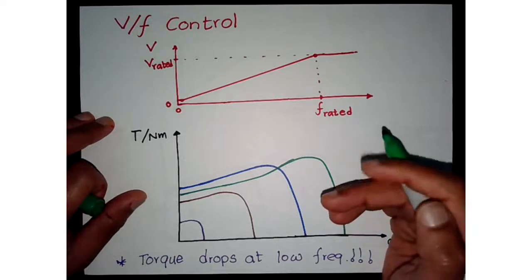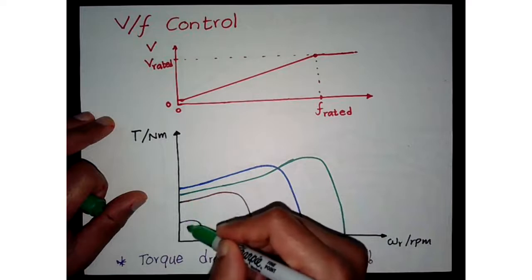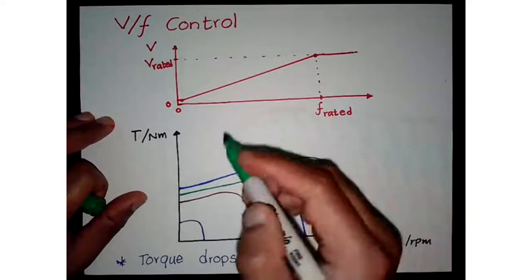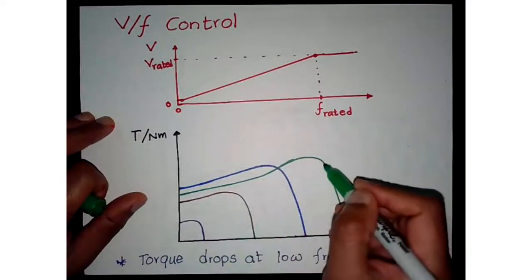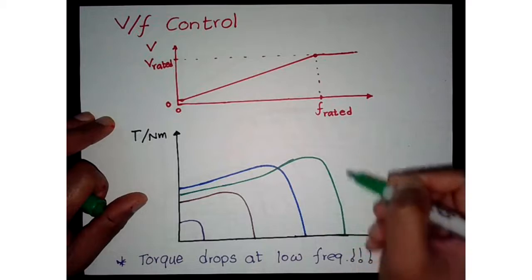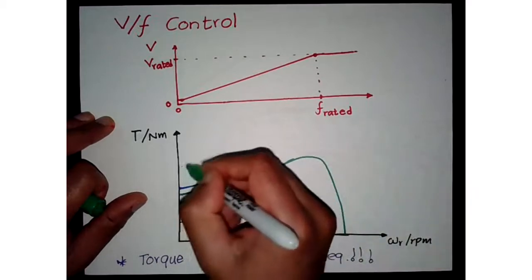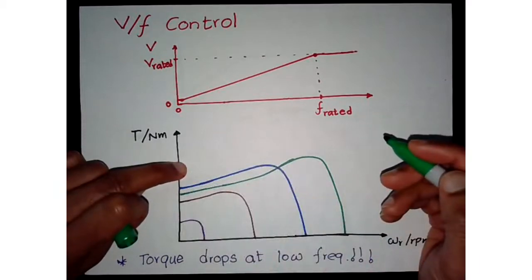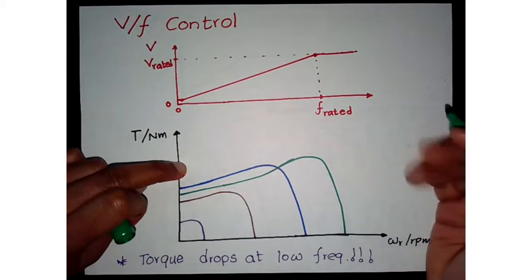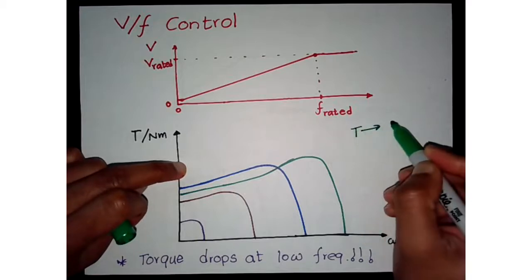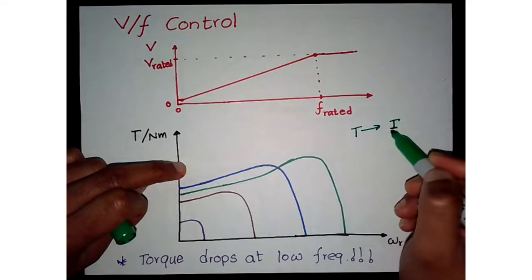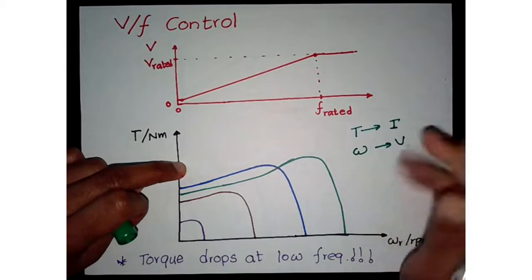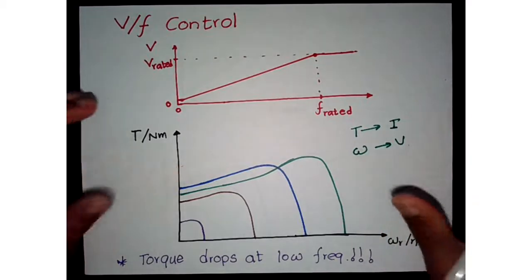Now, what tends to happen is, you can see that torque is dropping at the low speed end because we are dropping voltage too. But ideally, the motor should be able to achieve that same full torque at this low frequency end. If you think of it, the torque is proportional to current that builds the flux, and speed depends on the voltage in a more crude sense.